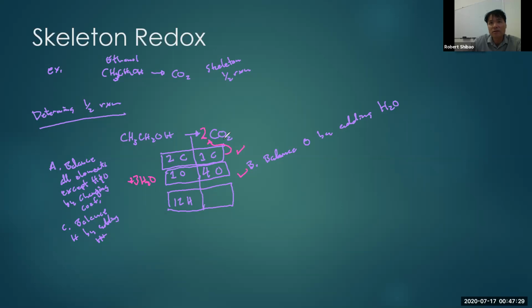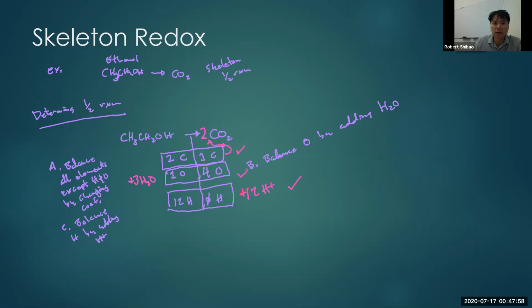On the right, well, CO2 doesn't have any H, so I say there's 0 H's on the right. And so I need to add 12 H pluses to the right side. So this is going to be plus 12 H plus here. And so that's going to balance out the hydrogens.